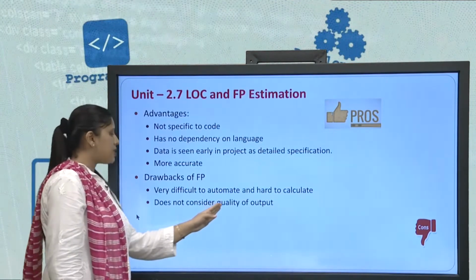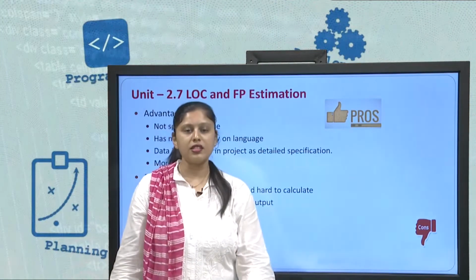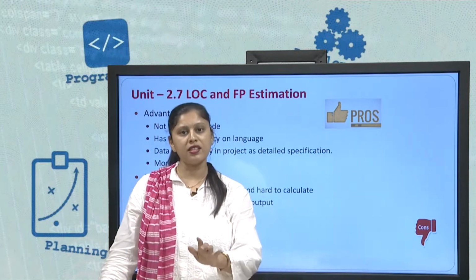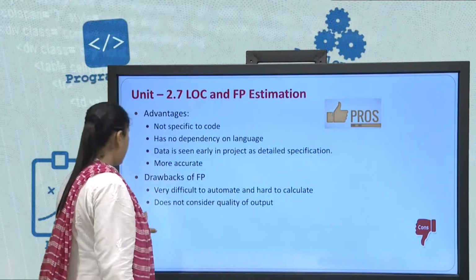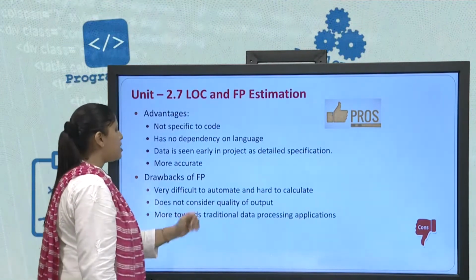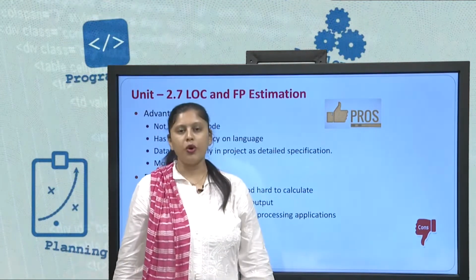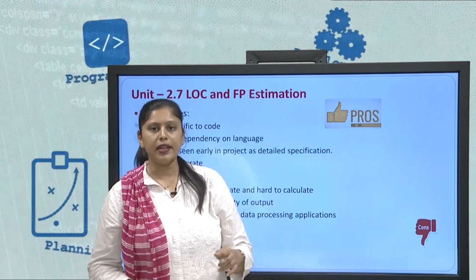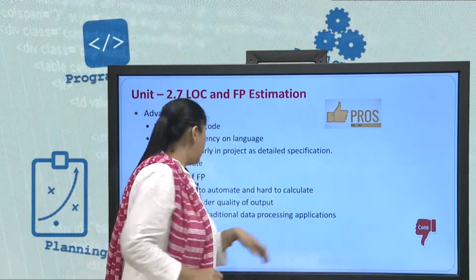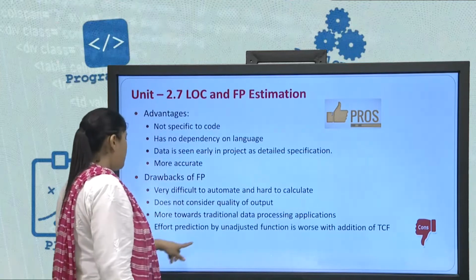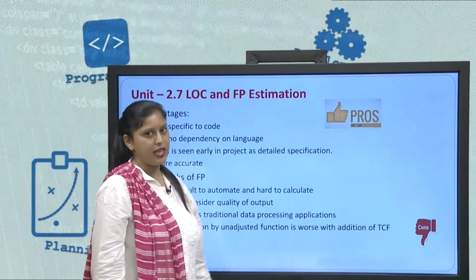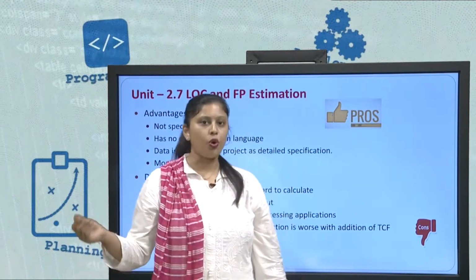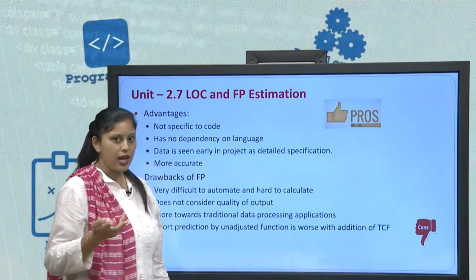Then it does not consider the quality of output, it only considers that functionality 1, 2, 3, yes it is satisfied, yes done. Then it is more towards traditional data processing applications, right. And effort prediction by unadjusted function points is worse with the addition of TCF. TCF stands for total cost of functionalities, right.